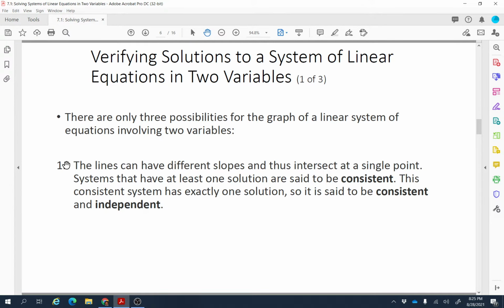The first is, if you plot the graph, the lines can have different slopes and thus intersect at a single point. Systems that have at least one solution are said to be consistent. This consistent system has exactly one solution, so it is said to be consistent and independent.